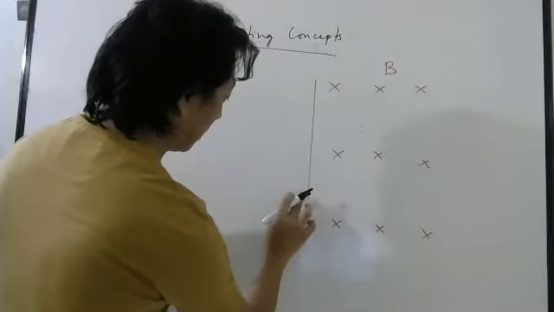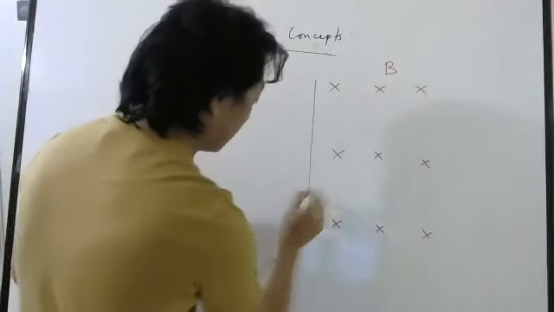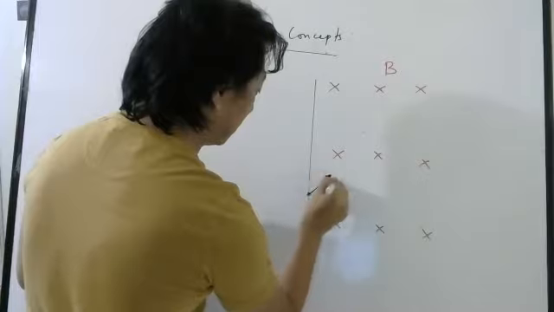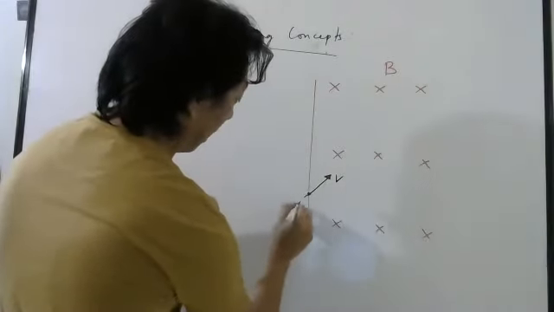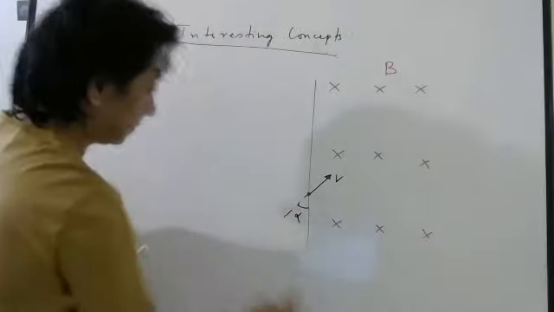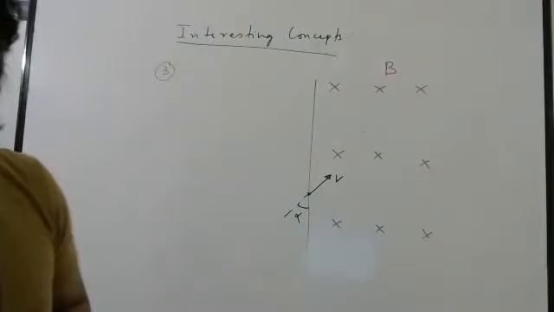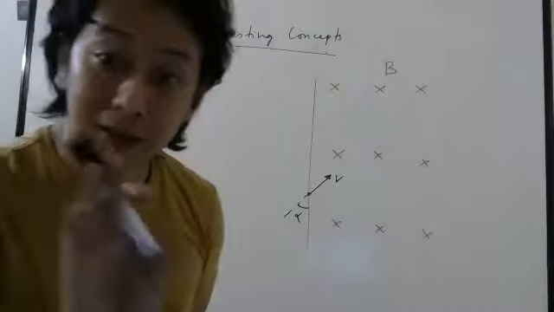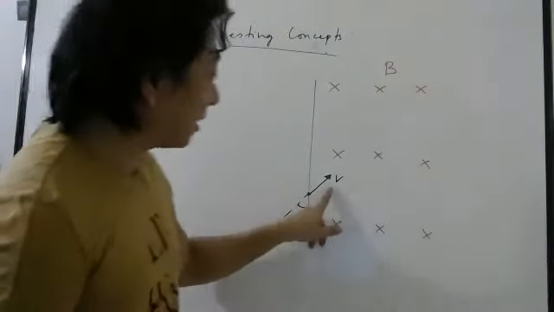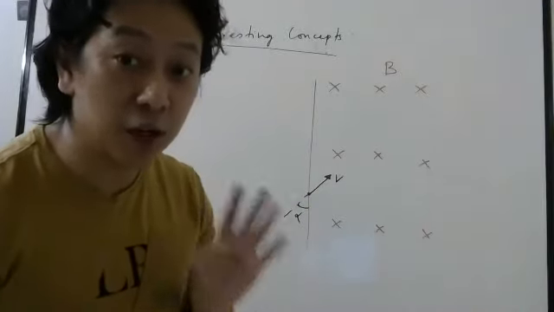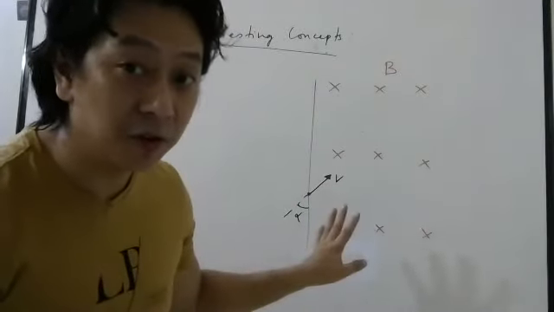When it is here, the particle enters the magnetic field with some velocity v, but at an angle alpha with this line. Think carefully before answering. Can I say this particle is moving perpendicular to the magnetic field even now, or I cannot say?